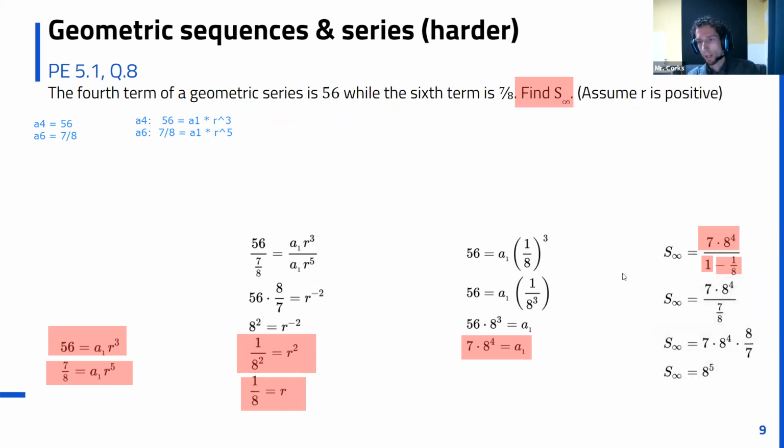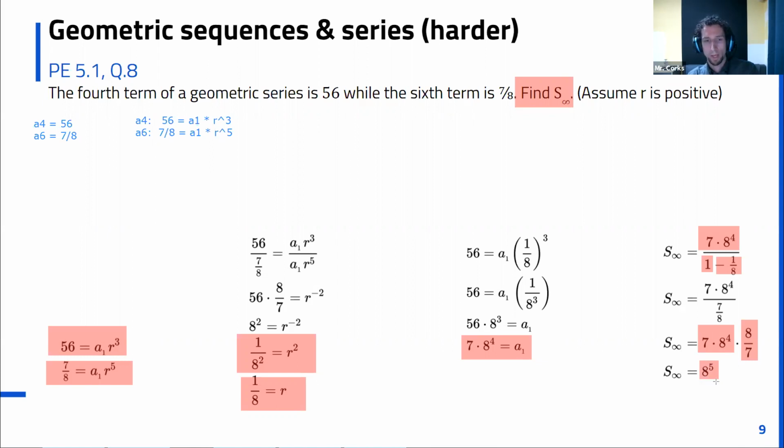And then we just invert and multiply here. There's the top, there's the bottom, now inverted. And the 7s are canceling out. Fantastic. I didn't want to deal with those anyways. And we have 8 to the exponent 5 here, which I guess I should have written another step or two. 8 to the exponent 5.